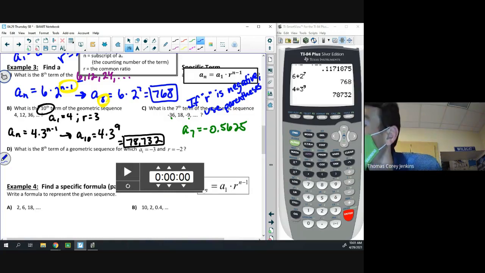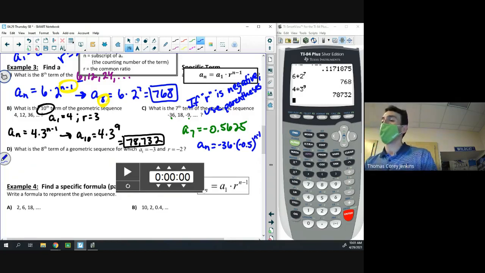So if you weren't able to come up with the 0.5625, our formula was a sub n equals negative 36 times R, which is negative 0.5, or negative 1/2, to the n minus 1. So that's the formula we're using, right? So to find a sub 7, this is how it should look typed in.